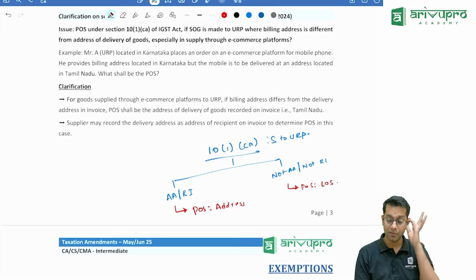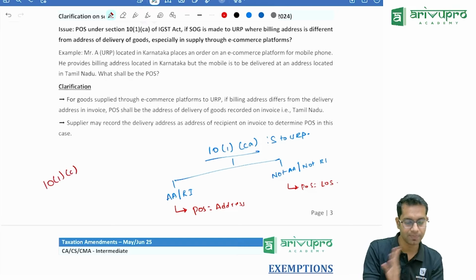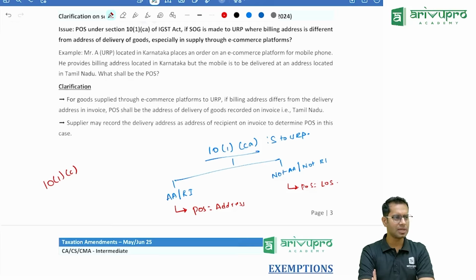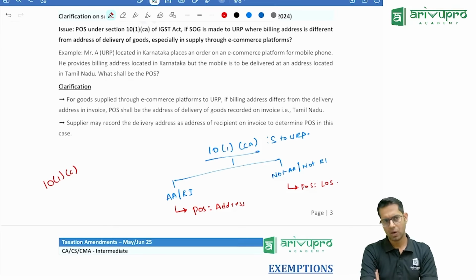If you remember, we discussed a point before this. We have a section called 10(1) which says if you come to Priya Sarees and purchase a sari, what is the place of supply? Location of Priya Sarees, which is nothing but the location of supplier. Why? Because there is no movement of goods happening. Correct? 10(1) talks about that.